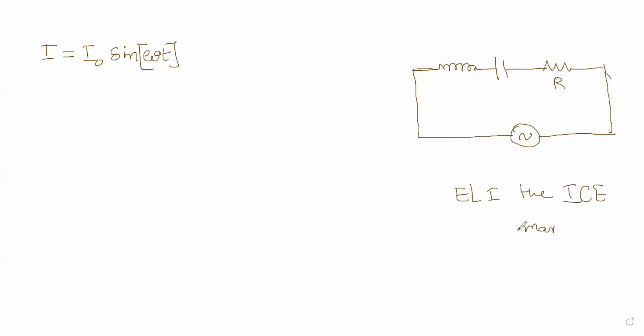What is ELI? The voltage leads the current in the case of an inductor. Both will be at an angle of pi by 2. So if I put the voltage this way, the current will be this way. They are like vectors. You cannot straight away add the vectors. You will get a resultant.